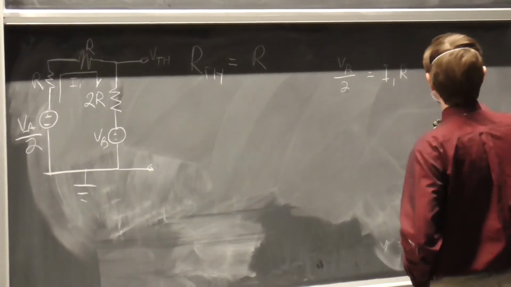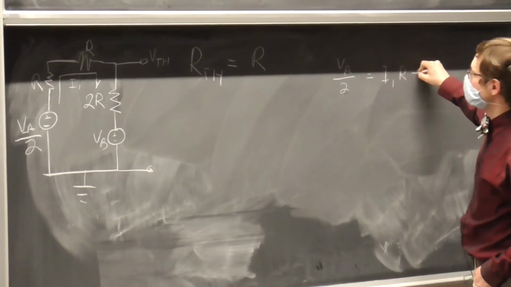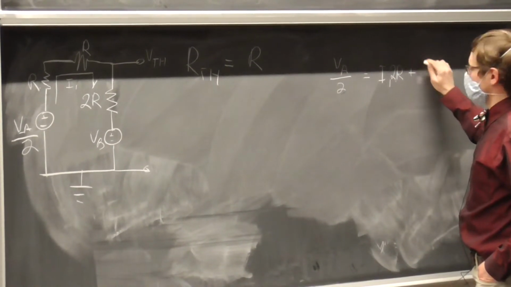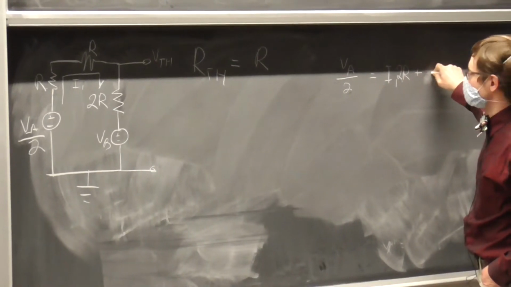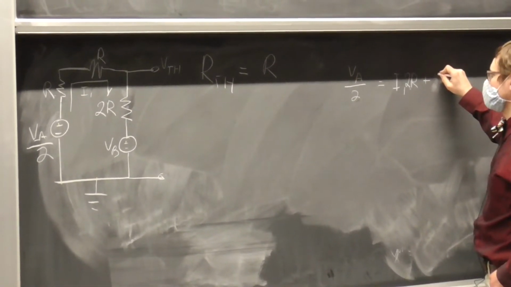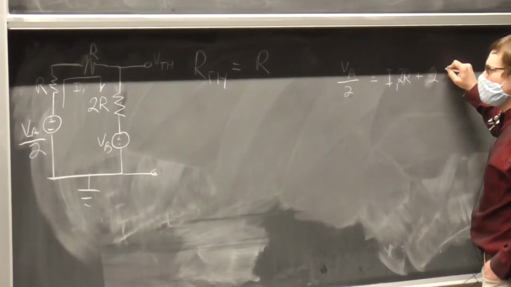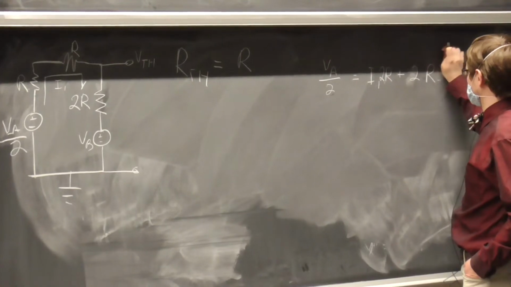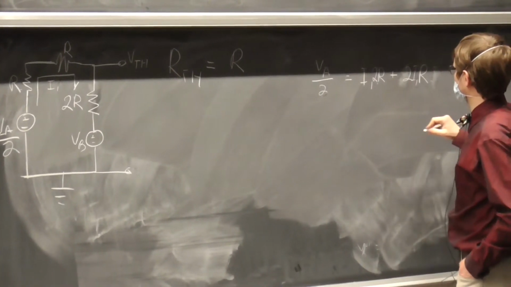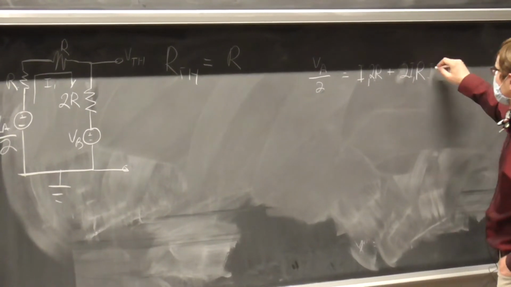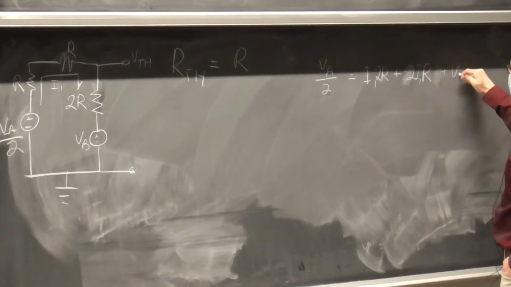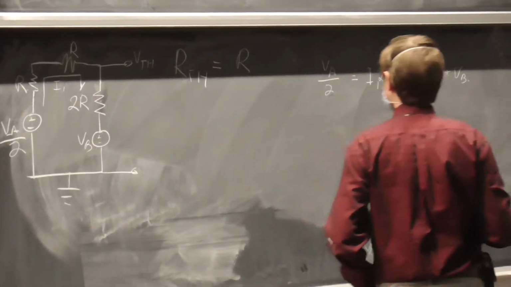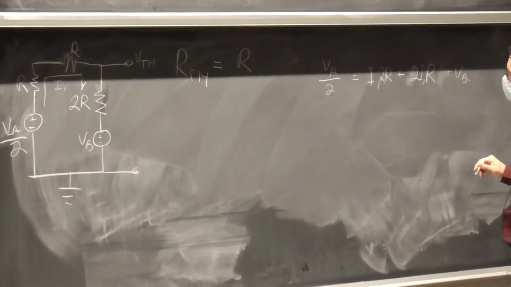Well, 2R really. Plus the voltage drop across that one, which is 2 times R times I1 as well. And then you have on this side as well VB, right? Because it's opposing it.